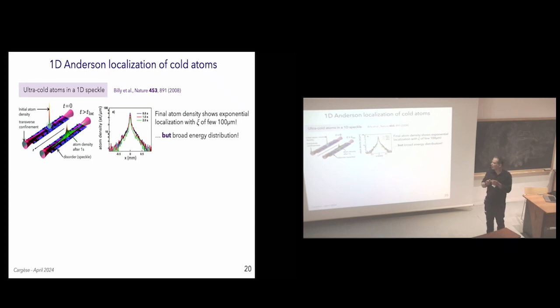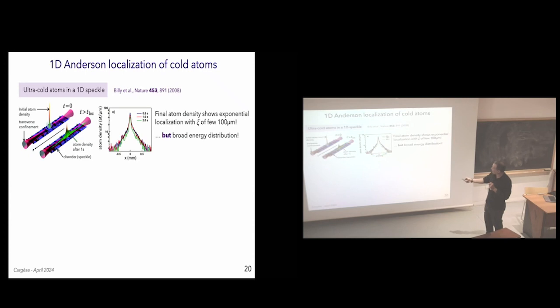They just confined a Bose-Einstein condensate on a line in 1 dimension with lasers, and then they subjected it to a speckle potential, and then they managed to probe in time by fluorescence imaging the density distribution at several times. And actually, they managed to follow this Bose-Einstein condensate over almost 2 seconds. And 2 seconds is extraordinarily long for a cold atom experiment.